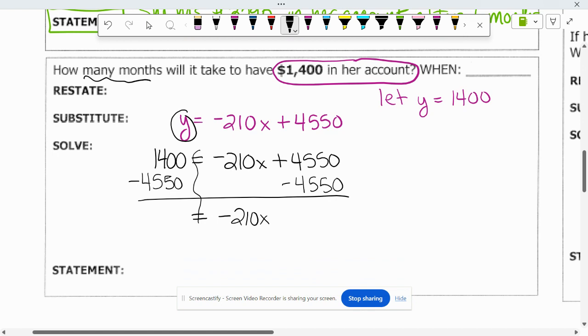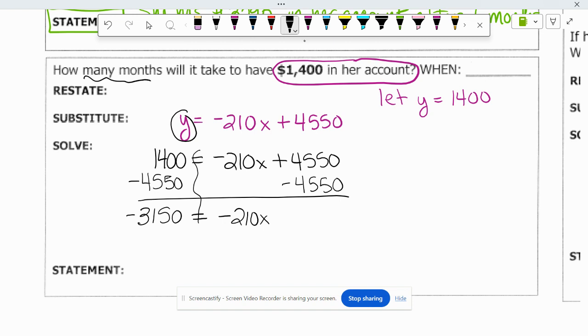So 1,400 minus 4,550. It's going to be a negative number. Negative 3,150 equals negative 210x. Thank you, ma'am.